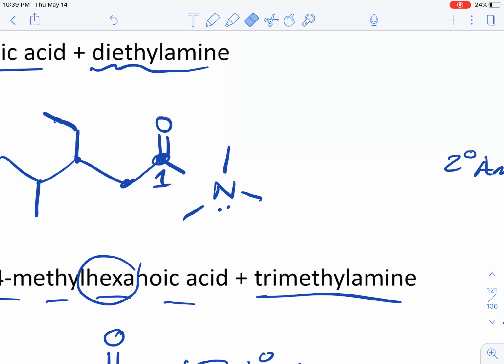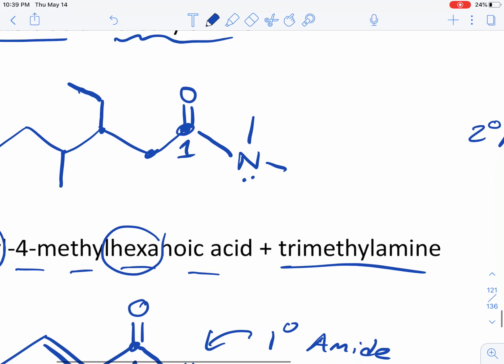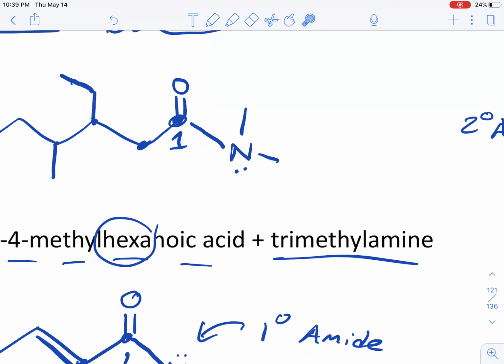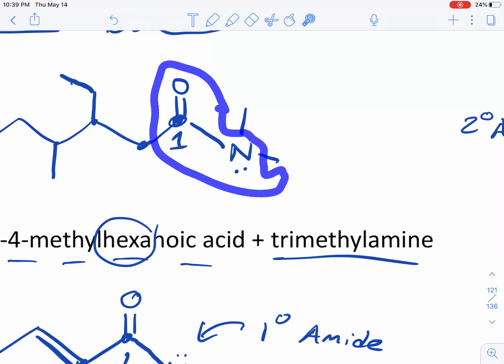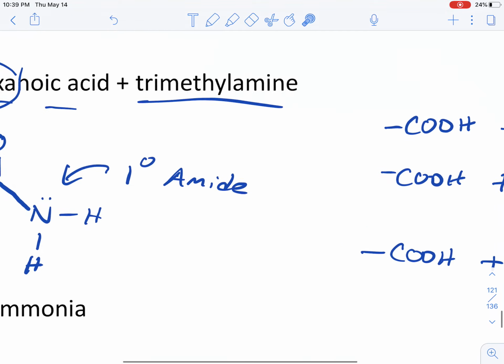I'm going to erase this covalent bond where that hydrogen used to be, and I'm going to put a covalent bond between the carbonyl carbon and that nitrogen. So notice I get an amide, and the nitrogen in this amide is covalently bonded to 1, 2, 3 carbons, thus producing a tertiary amide.